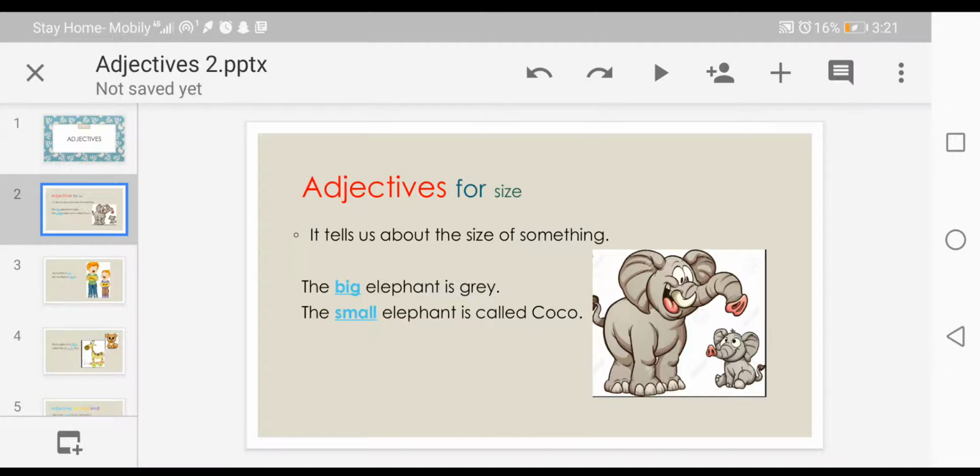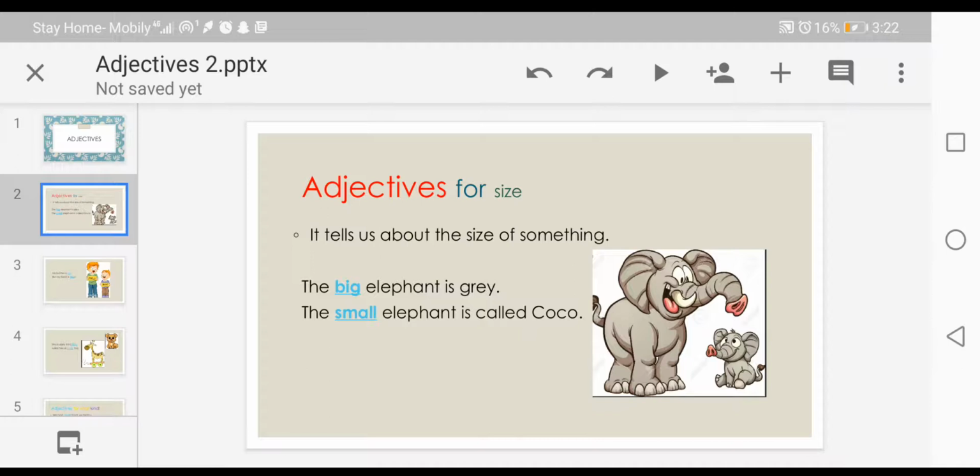The big elephant is gray. The small elephant is called Coco.